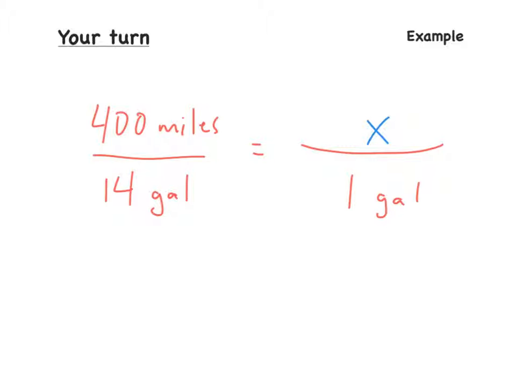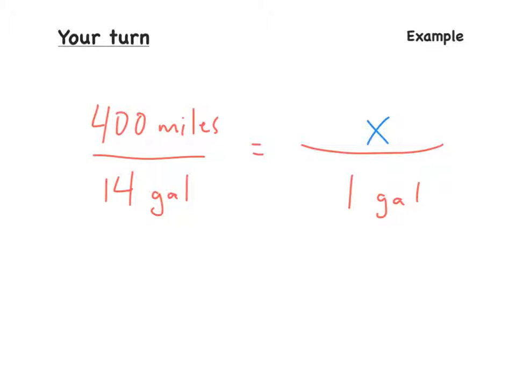Alright, in this case, we are basically going on a trip. There are 400 miles, and we have 14 gallons in our car. I want to know how many miles can we go on 1 gallon of gas. So in this case, all that we would have to do is, remember the main point that we just learned, divide the numerator by the denominator.